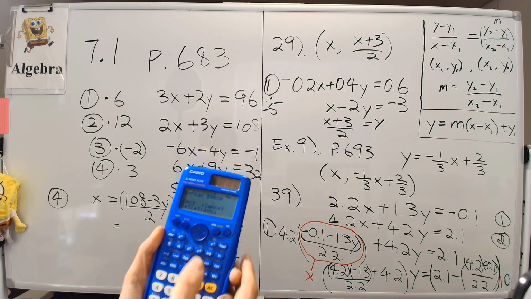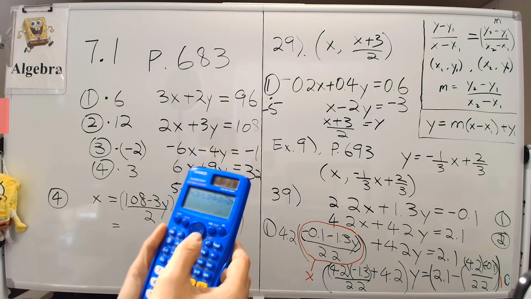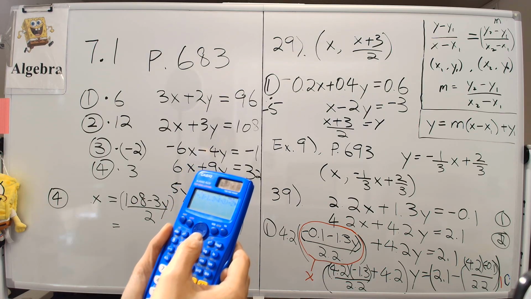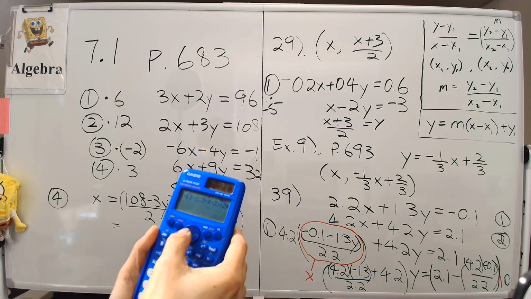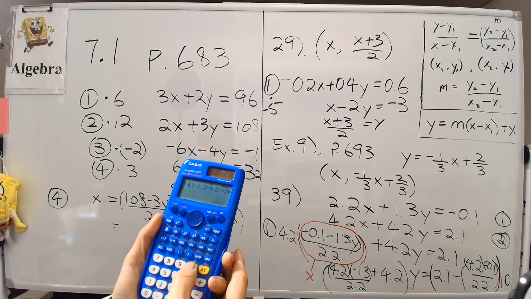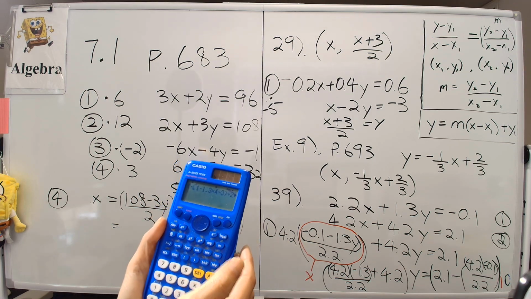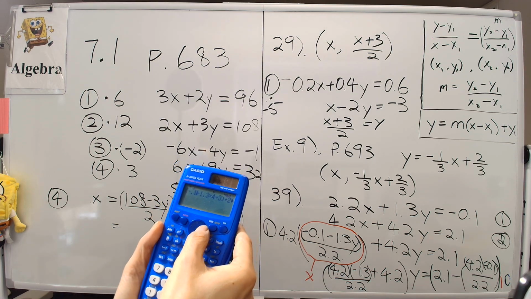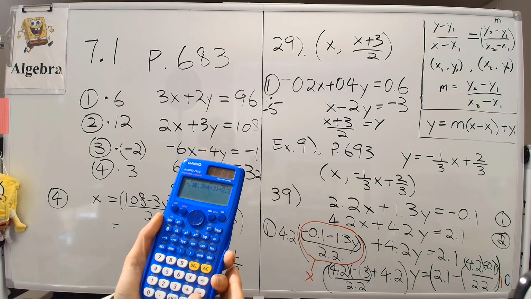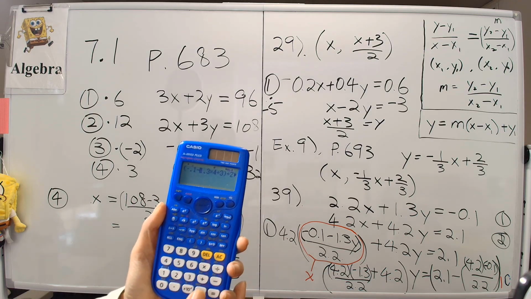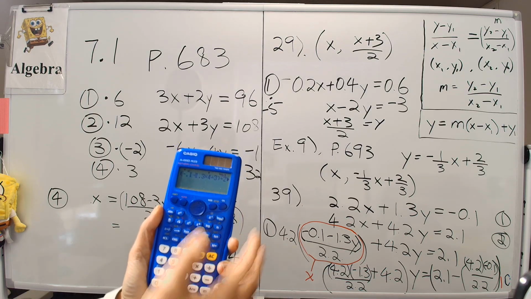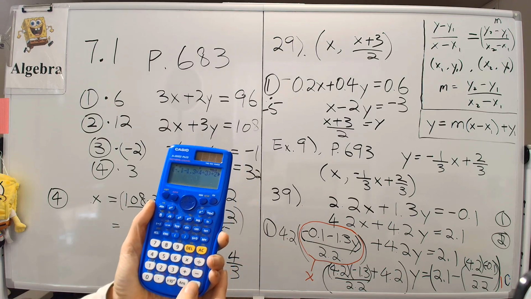Okay, try again. Now I'm even worse. No, I think I typed in wrong. It's not minus 0.1. I have to type in negative 0.1, and then this is minus. See, my calculator makes a difference between negative sign and minus sign. Some calculators don't.